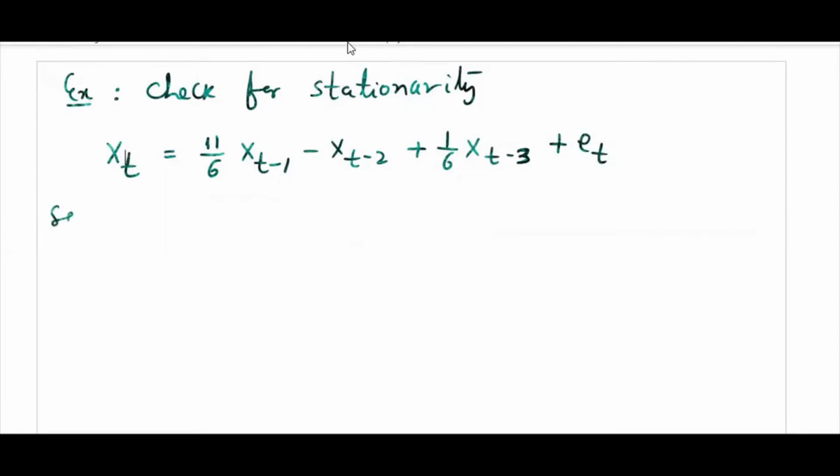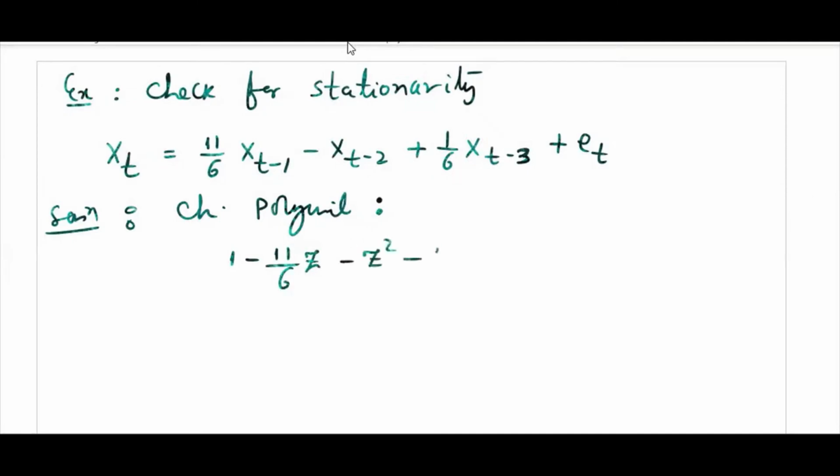I'll find the characteristic polynomial, and this will be 1 minus 11 upon 6 z, minus z squared, minus 1 upon 6 z power 3, equal to 0. Now you need to solve it. Let me write power 3 here, then 6 will come. This is the equation.